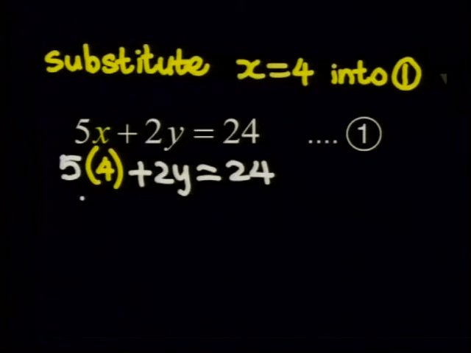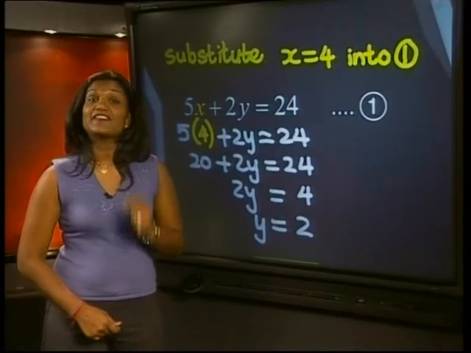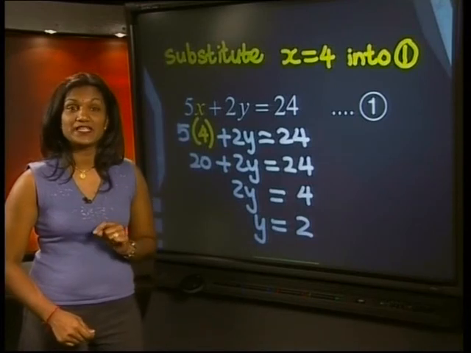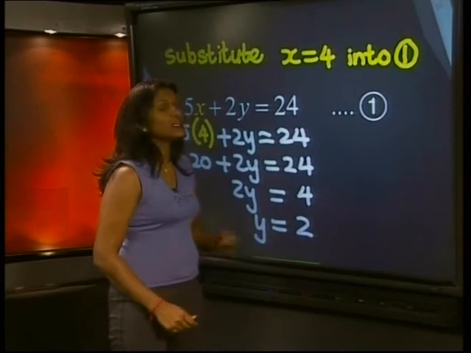This gives us 20 plus 2y is equal to 24. We get 2y is equal to 24 minus 20, which is 4, and this simplifies to y is equal to 2. That's it. Our solution is complete. It is the ordered pair x equals 4 and y equals 2.